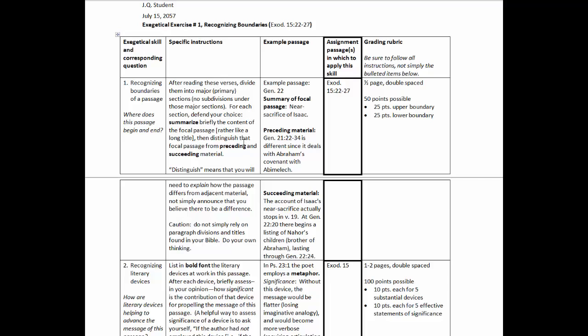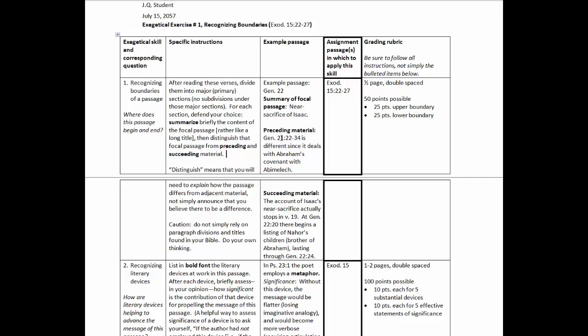By the way, you'll need to indicate what the preceding material is. That is to say, what chapter, what verses you're referring to. Typically, we'd look to one paragraph or a couple of paragraphs prior to the target material, the focal passage. Summarize that. Then you'll exercise that same summary and distinction skill with the succeeding material.